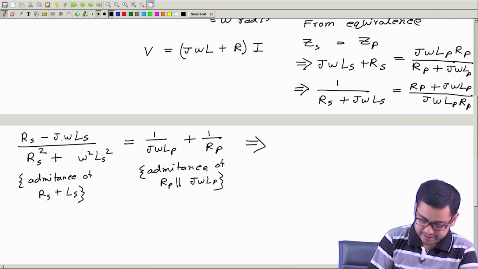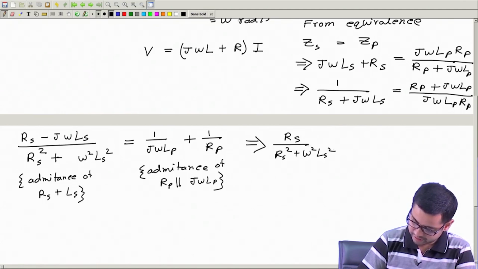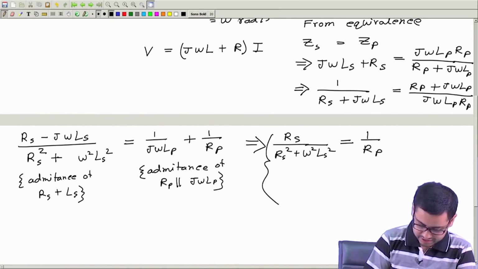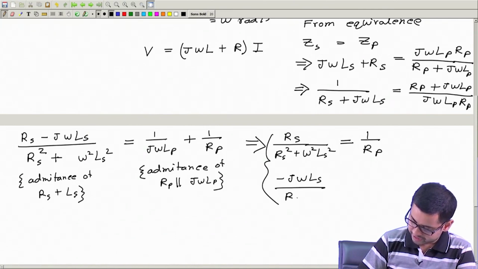Now, from this what can we write? Let us equate the real part with the real part here and the imaginary part of this side with the imaginary part here. So, the real part is Rs divided by Rs square plus omega square Ls square. This will be equal to the real part, which is 1 over Rp, and the imaginary part, let us equate. So, we have minus j omega Ls divided by Rs square plus omega square Ls square.